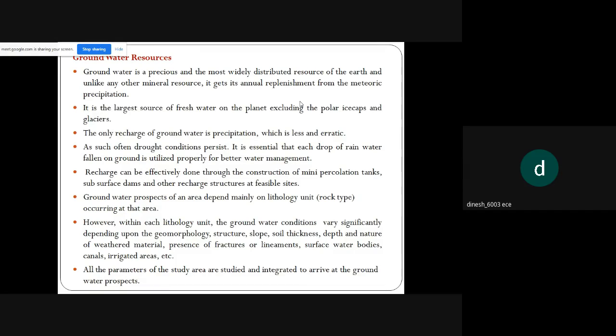So groundwater prospects of an area depend mainly on the lithology unit or the rock type occurring in that particular area.